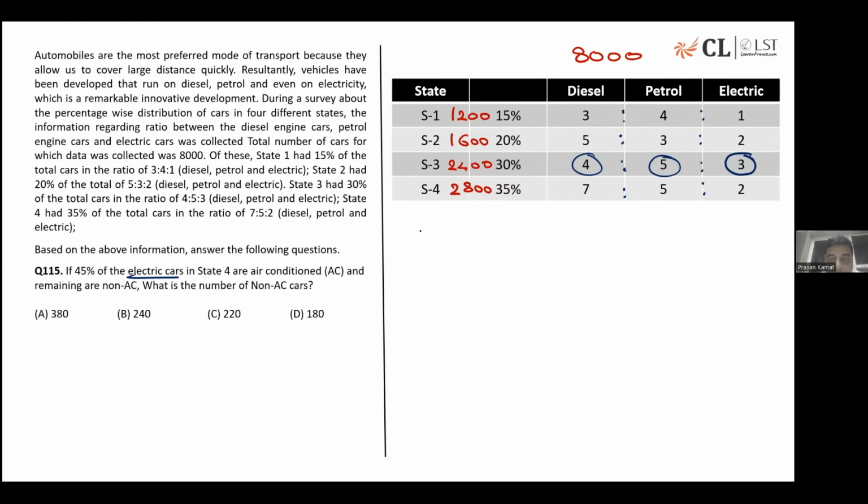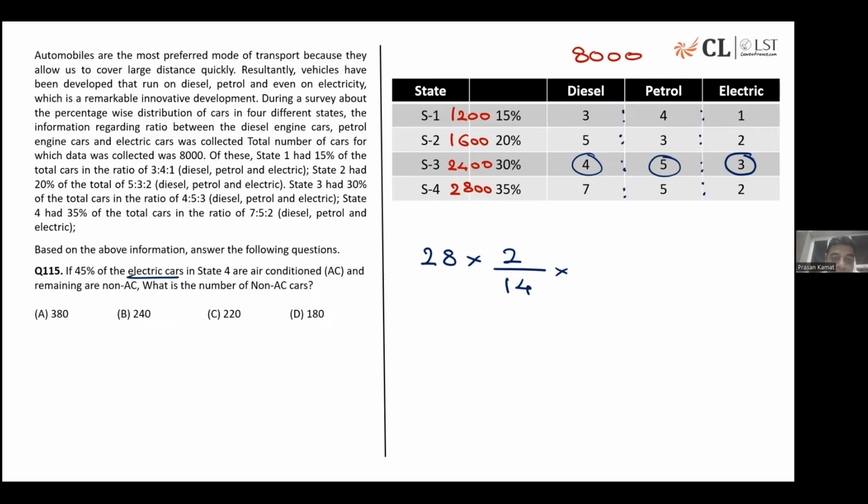Now, state 4 was 28. 28 is the total. The ratio parts are 2 plus 7 plus 5, 12 plus 2, 14. So out of 14 parts, 2 parts is electric. And out of that, I want non-AC, which is 55%, because 45% are AC.